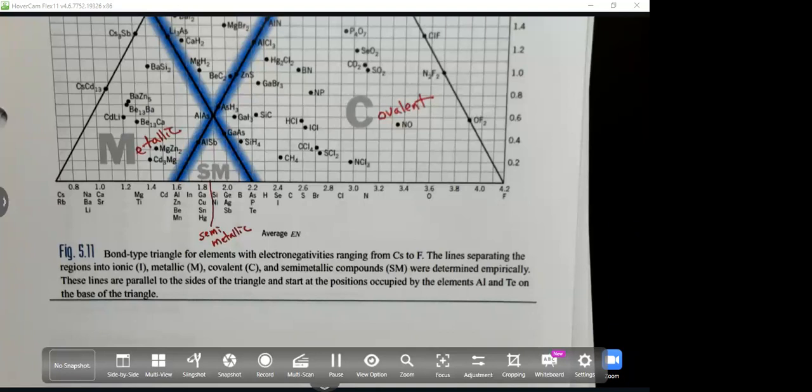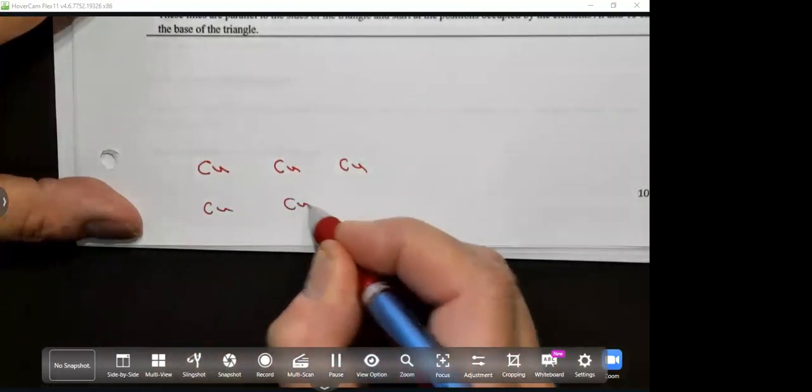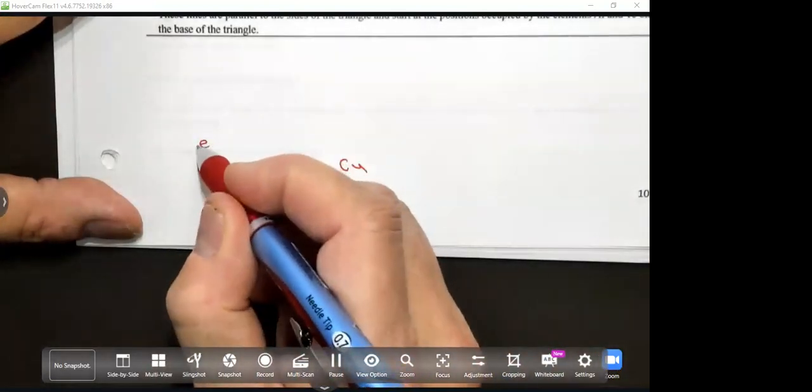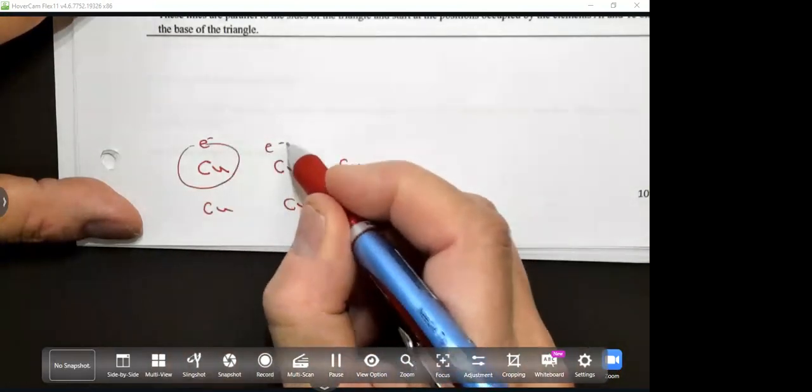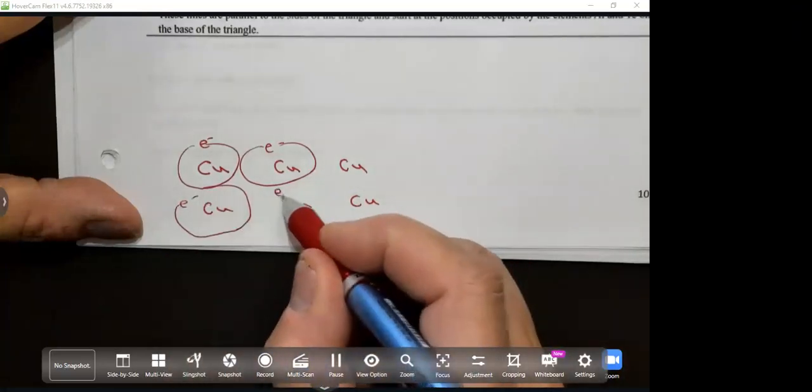Just like the water, you're adding water to the hose in Red Wing, Minnesota, and we're getting water out. So a metallic bond is just these electrons around the metals called delocalized electrons. If you have something like copper, you've got the electrons around the copper. Electrons around copper. These are called delocalized electrons.